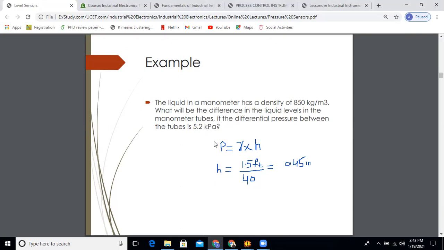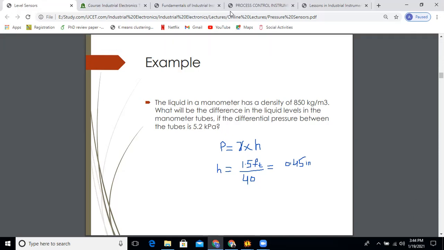The differential pressure is given as 5.2 kilopascals, and the density is 850 kilograms per meter cube. Pascal is also equal to Newton per meter square, and kilogram per meter cube can be equal to Newton. So we have to use some different unit conversions to find the answer exactly.